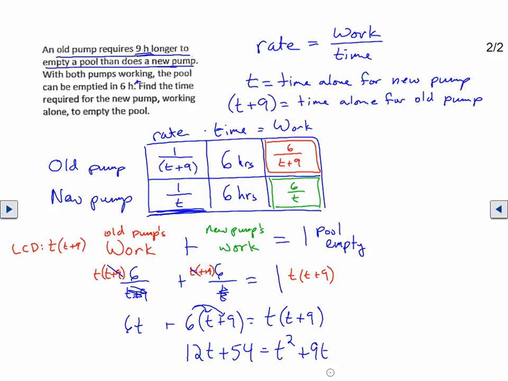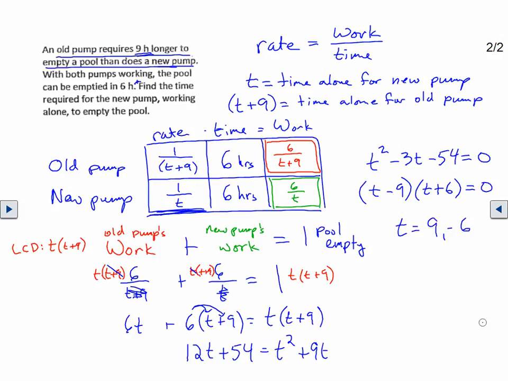Move the 12T over and the 54 over, subtract them over, and you're going to get T squared minus 3T minus 54 equals 0. This factors into (T minus 9)(T plus 6) equals 0, T equals 9 or negative 6.